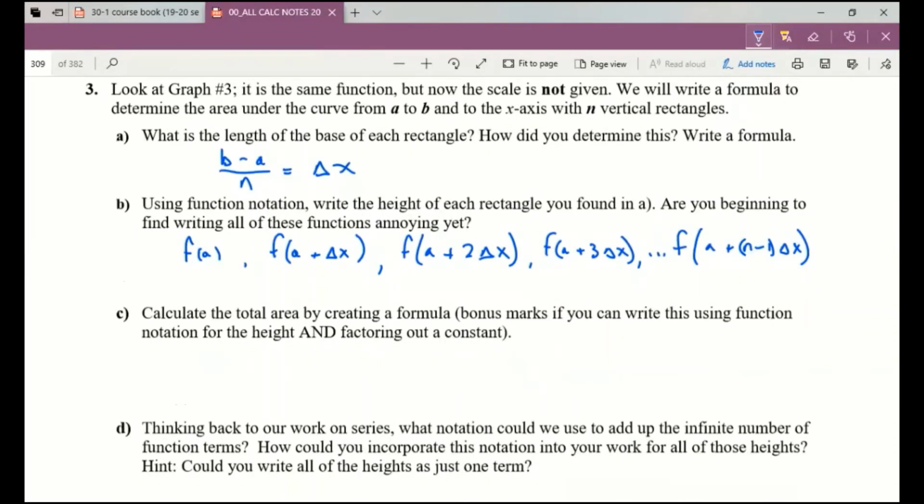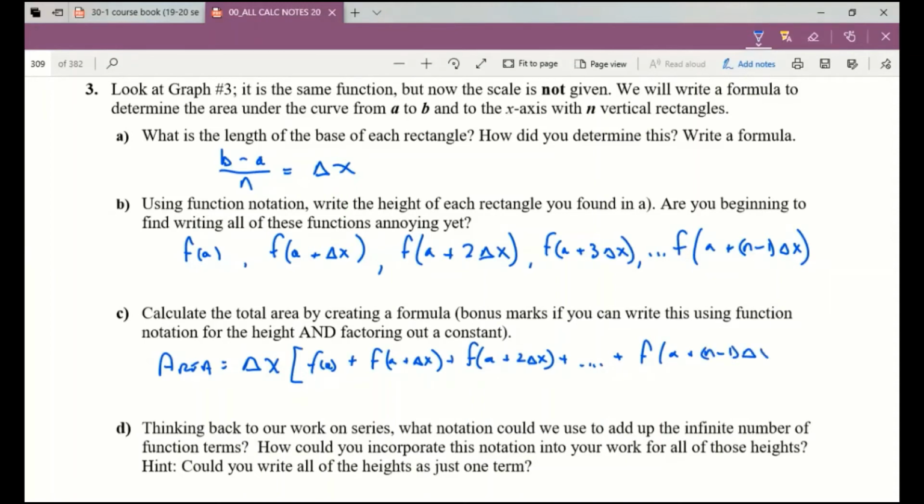So for part C, to calculate our total area, we end up with, similar to before, our constant that we're going to factor out is the delta x, and then adding up each of the heights, f at A plus f at A plus delta x, 1 delta x, plus f at A plus 2 delta x, plus, and continue the pattern until we get to f at A plus n minus 1 delta x.